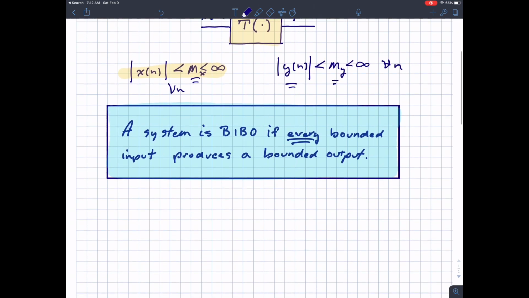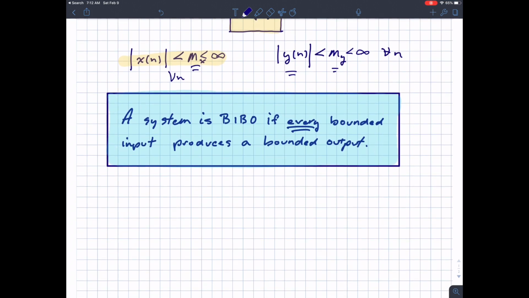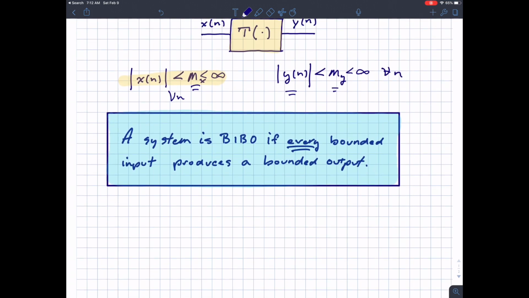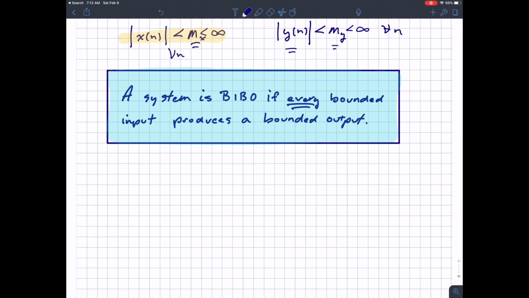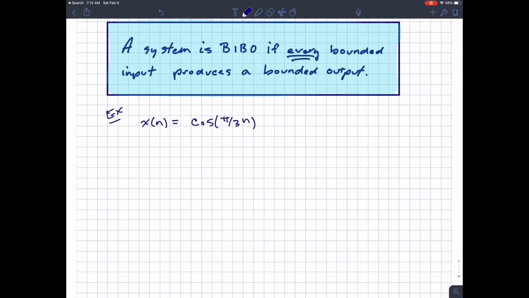To more fully understand this concept, the first thing you have to understand is what it means to have a bounded signal. Some signals are easy. For example, if I took x of n to be cosine of pi over 3 n, that particular signal is just a cosine.